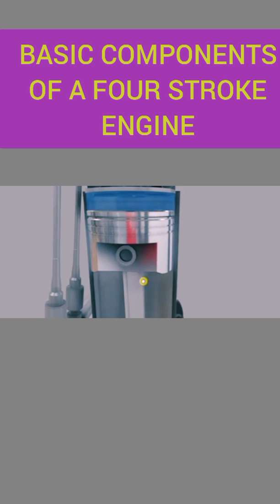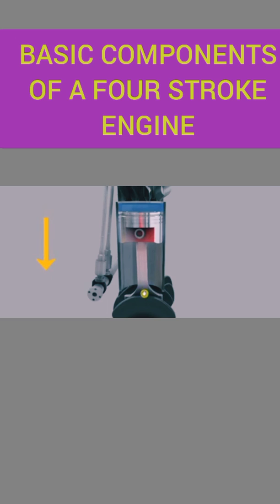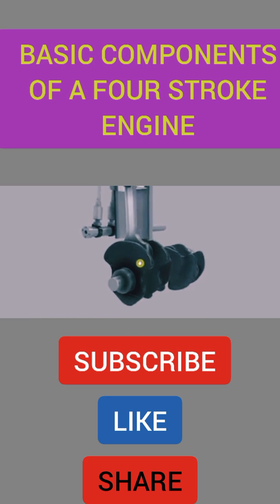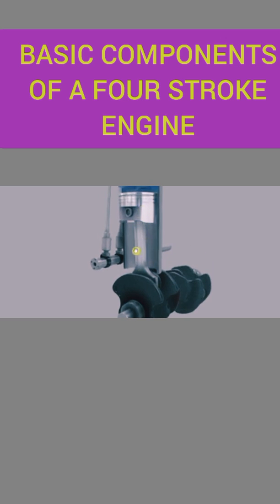As the name implies, a four-stroke engine takes four strokes of the engine to complete two revolutions, which is a working cycle. A stroke is when the piston moves from the top down, and likewise from the bottom up. At the top it is called the top dead center, and at the bottom it is called the bottom dead center.